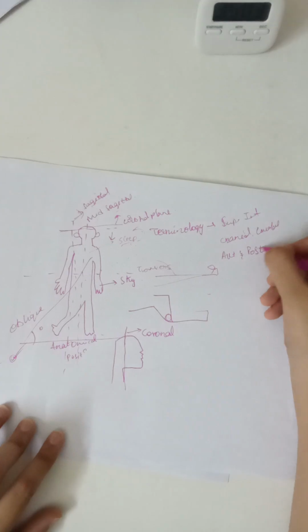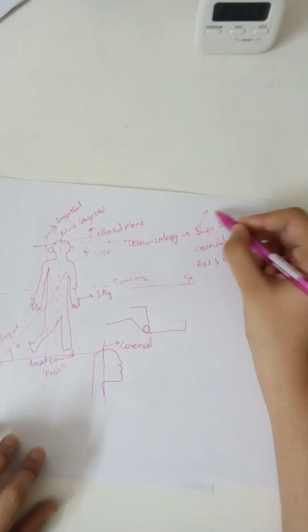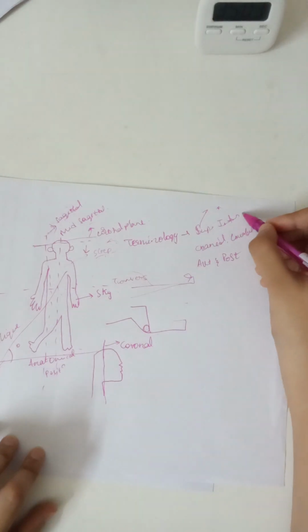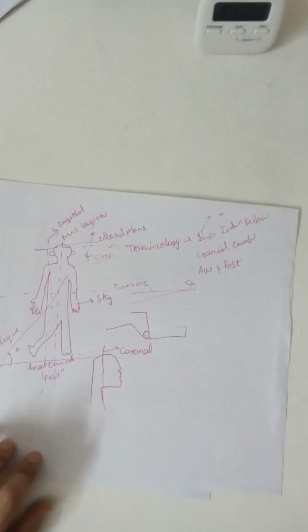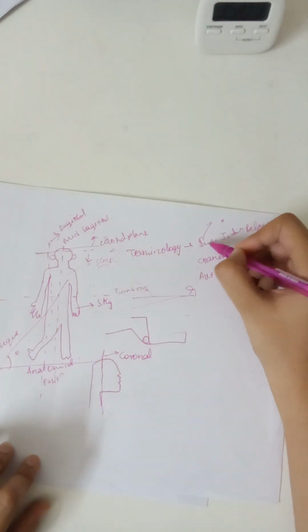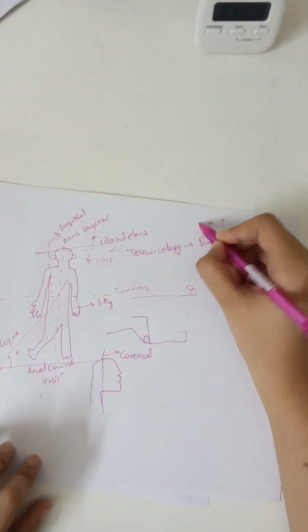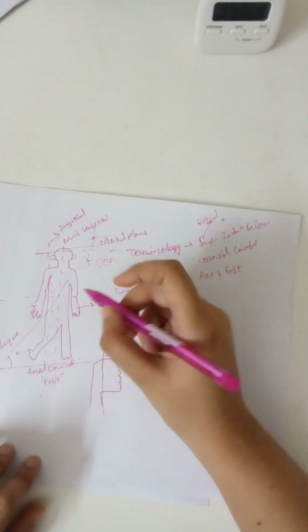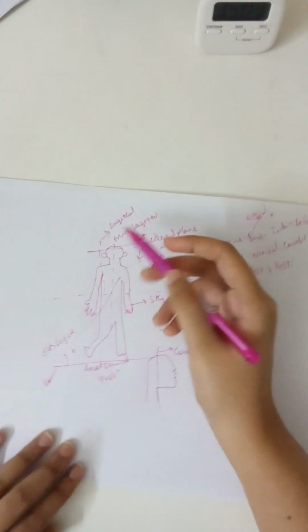Superior, the name suggests something above. Inferior, the name suggests something below. Superior means the structures which are near to head. They are superior.